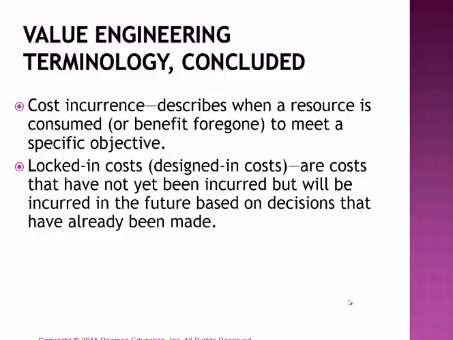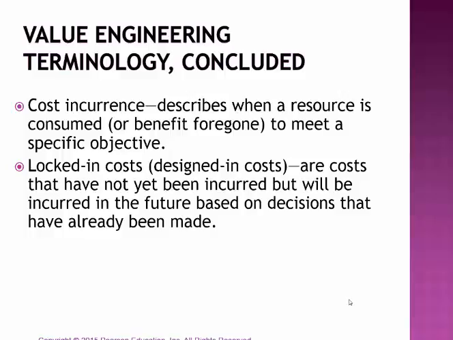Alright, so locked in cost versus just costs that are going to be incurred based on somebody issuing a purchase order for something later. These are things that are locked into not only how the product is designed, but the process of putting the product together. How's the assembly line going to work? How much facility space is it really going to take?